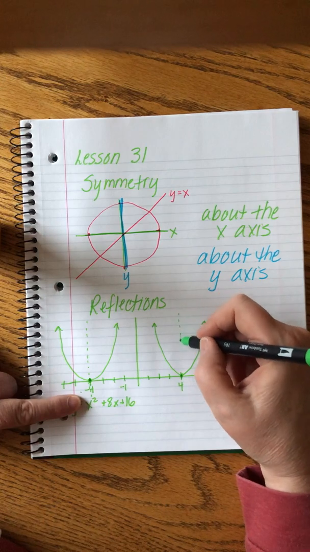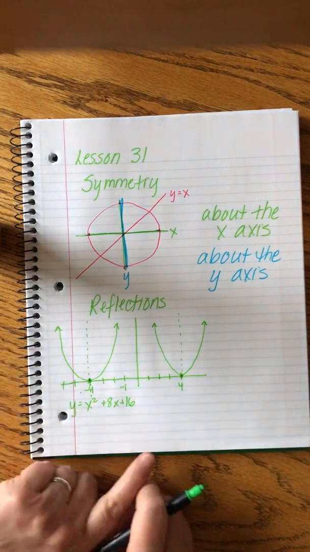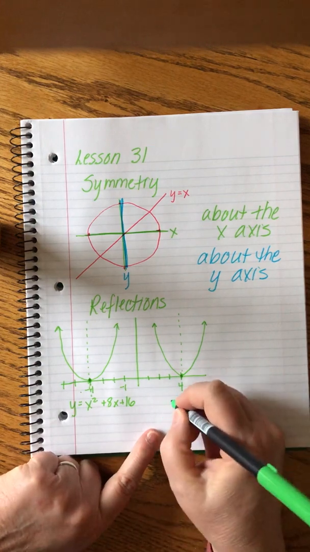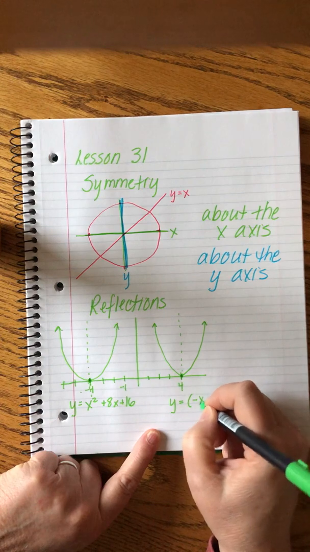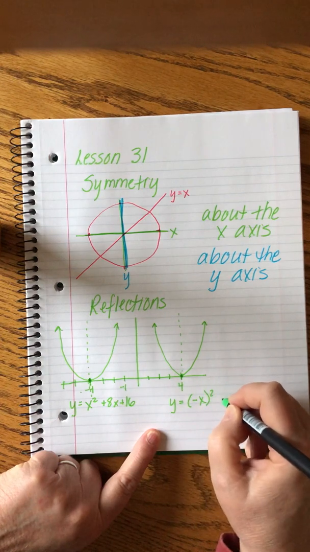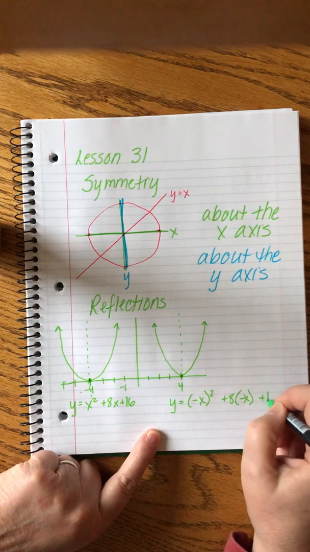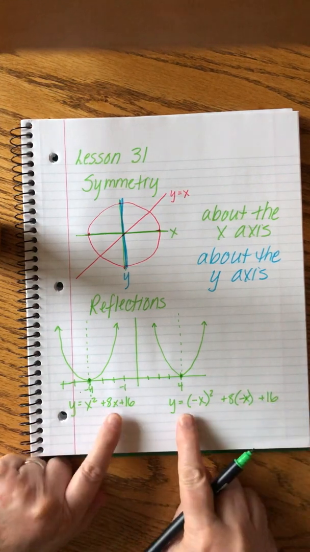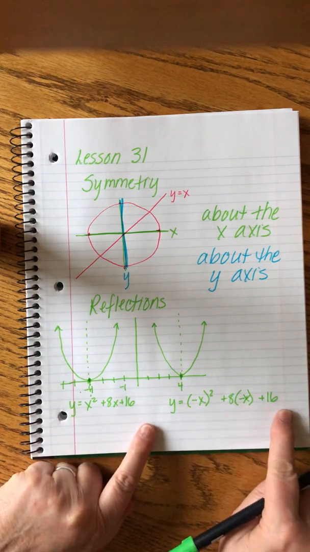And this axis of symmetry would be at positive 4. What I'm going to tell you is that this equation would be the same, except every x would have a minus in it.